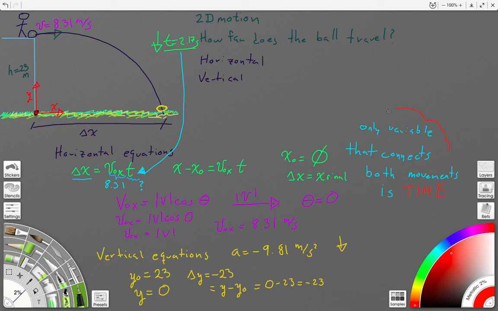So I'll put this in a little bubble. The only variable that connects these two types of movements, horizontal and vertical, is the time. It spends the same amount of time falling from here to here as going from this position to this position.